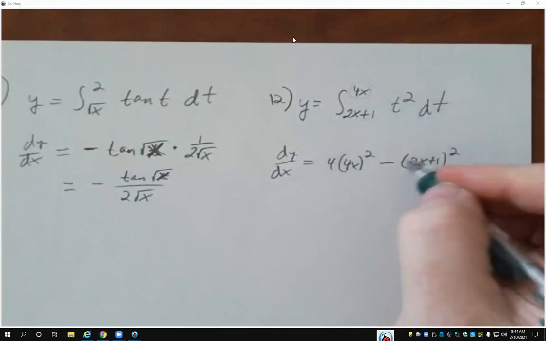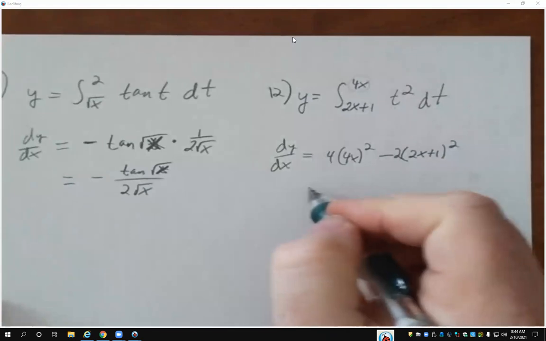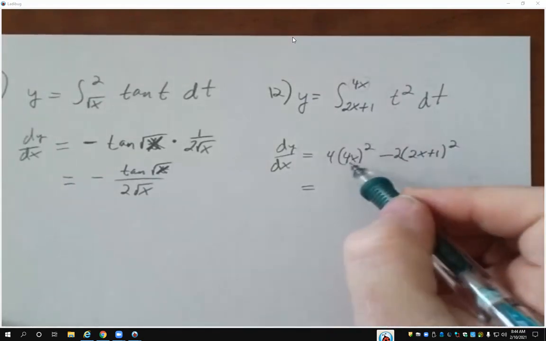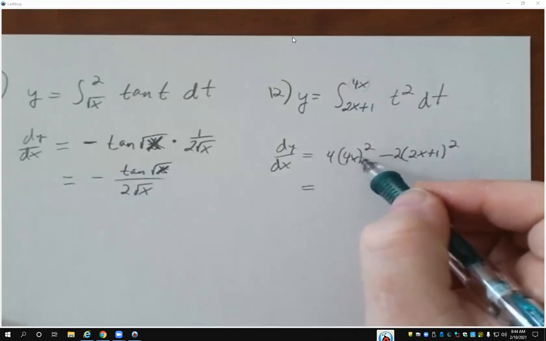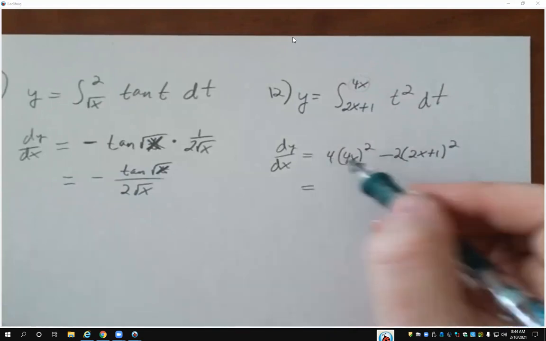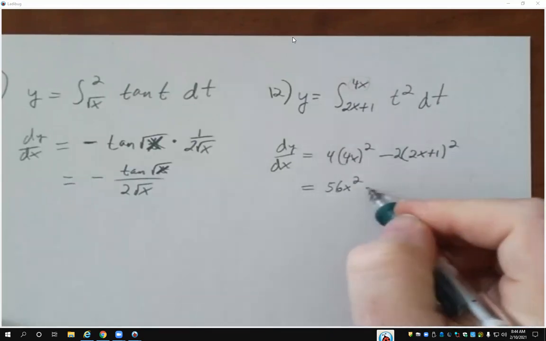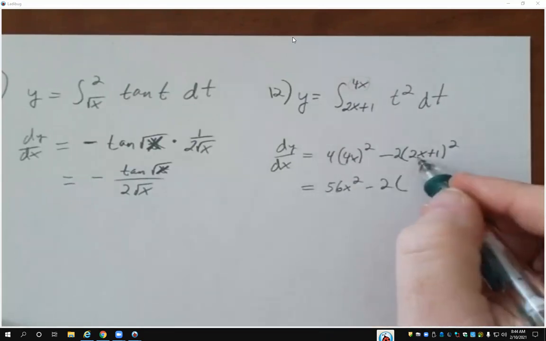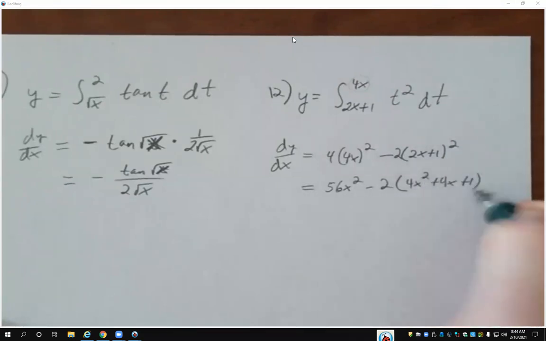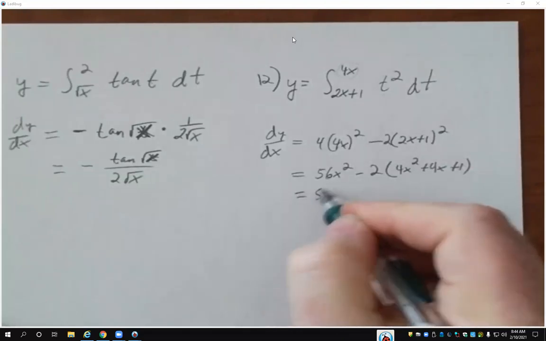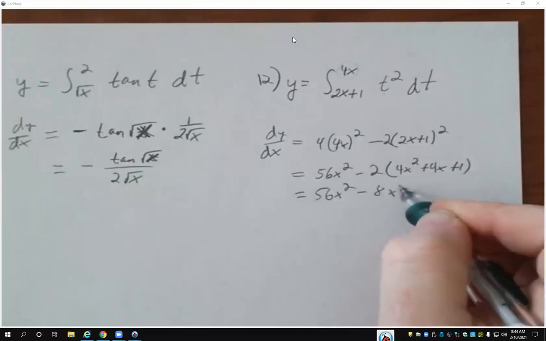Chain rule, the derivative of 2x plus 1 is 2. And then it's just algebra. 4x squared is 16x squared, and 16 times 4 is 56x squared. Here we'd have to FOIL first, so we get 4x squared plus 4x plus 1. Distribute the 2 in and get minus 8x squared.